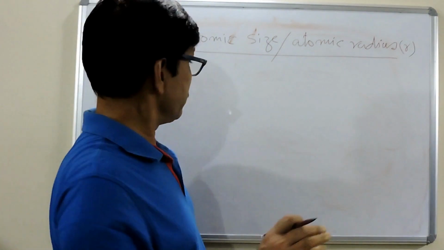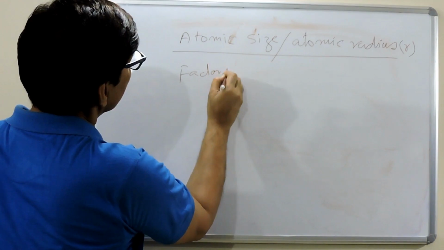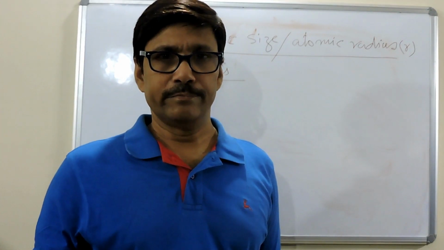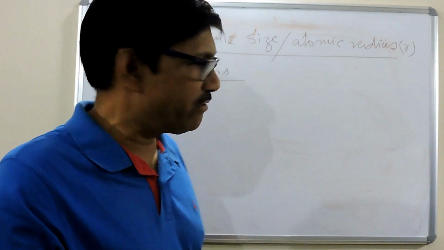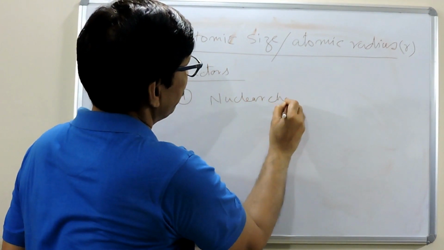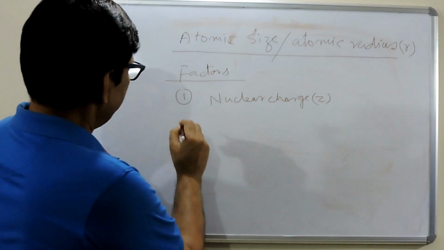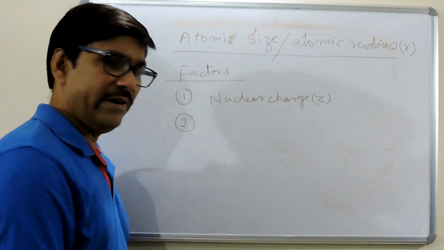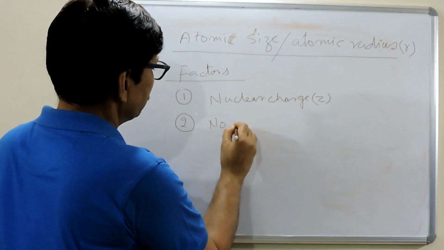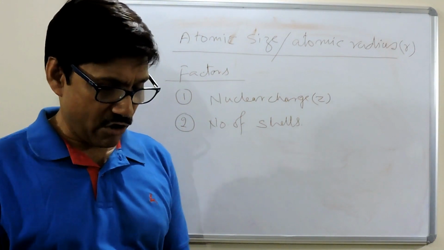The first factor on which the atomic radius will depend is nuclear charge, meaning how many protons are present in the nucleus, Z. Then second, it will depend on the number of shells. Okay, now how will it depend?